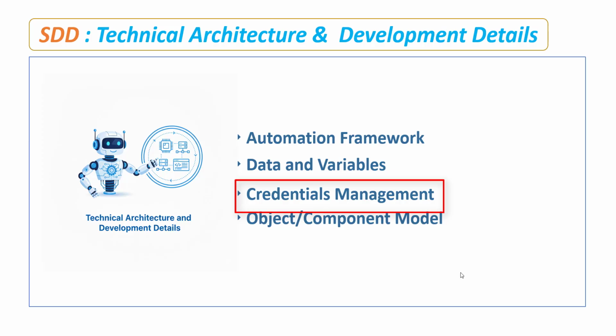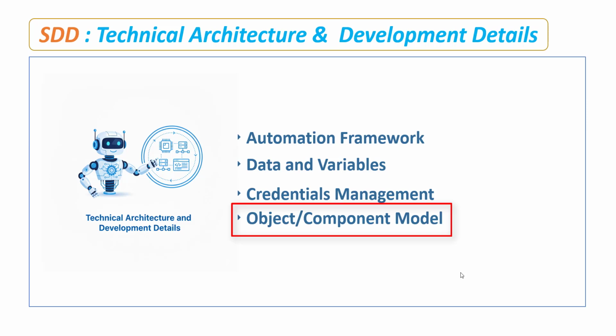For example, using of credential vault, orchestrator assets. Coming to the next subsection, that is object or component model, which is the high level details of reusable components or objects created for the automation. These all come under the technical architecture and development details.